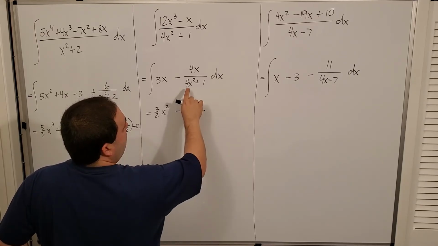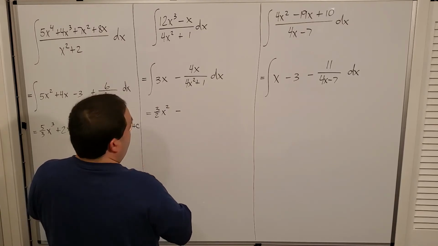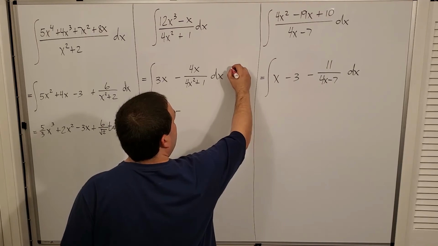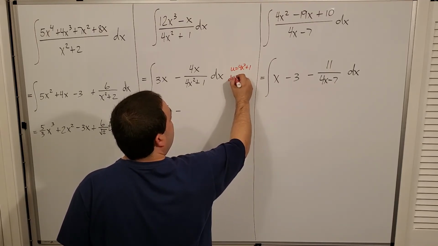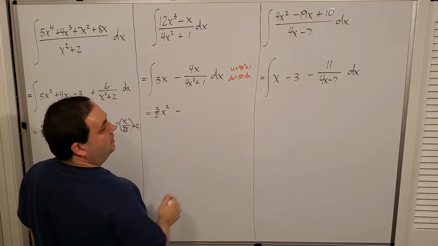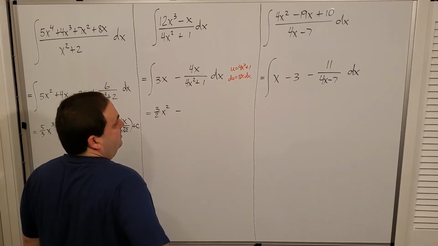And the derivative of this piece right here, if I'm going to do a u substitution, right? So let's say I let u equal 4x squared plus 1. Then du is going to be 8x dx, right? I have 4x dx, but I need 8x dx.